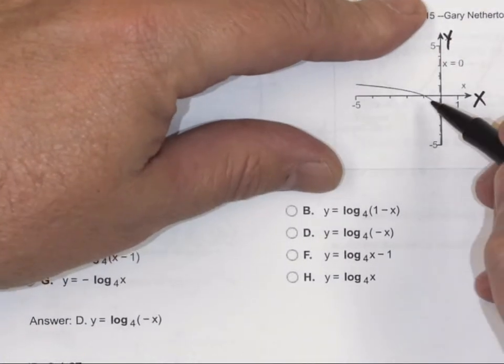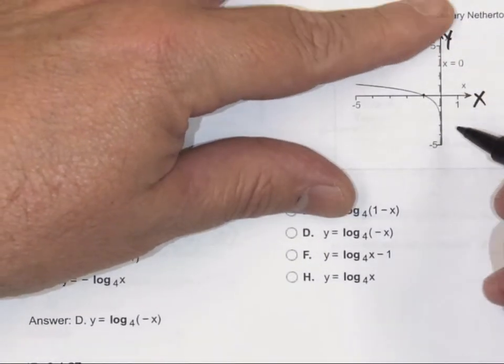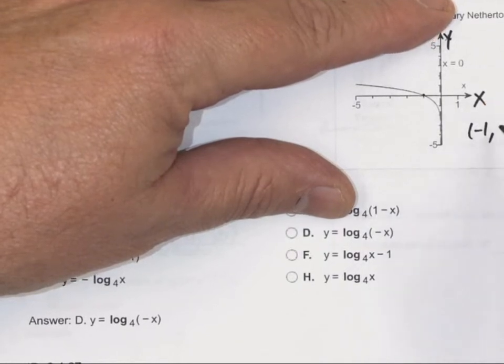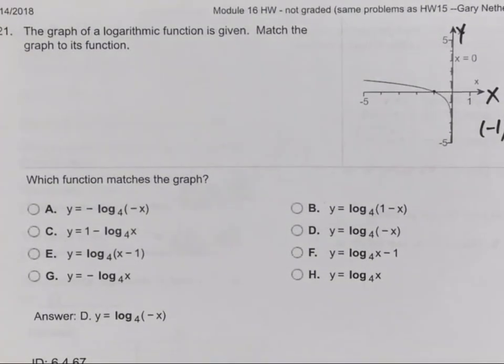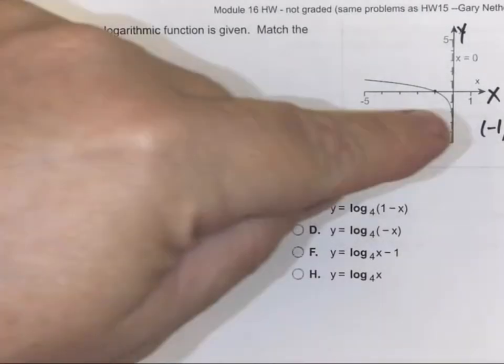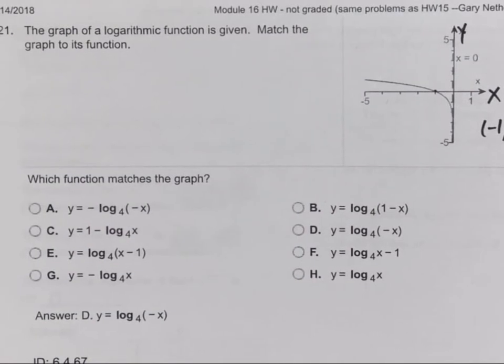Look at this point right here. This point is x is -1 and y is 0. So I'm going to start looking at some of these equations and plug in -1 for x to see if y is actually 0. And maybe I can get rid of some of these equations.